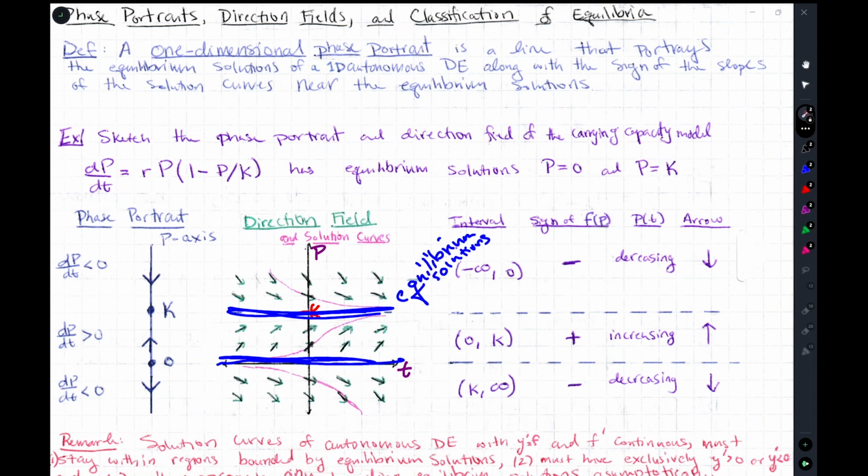The direction field flows up. What about above the P equals K solution? Here the slopes are negative, and so we draw an arrow pointing down, and here we draw an arrow pointing down.